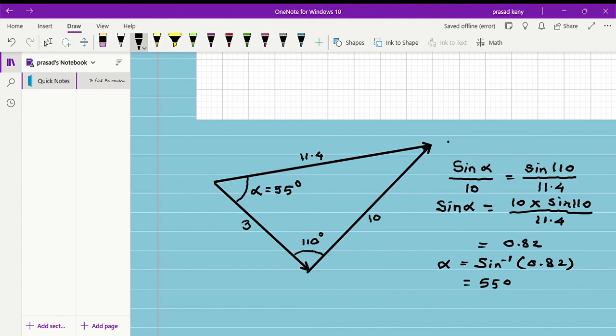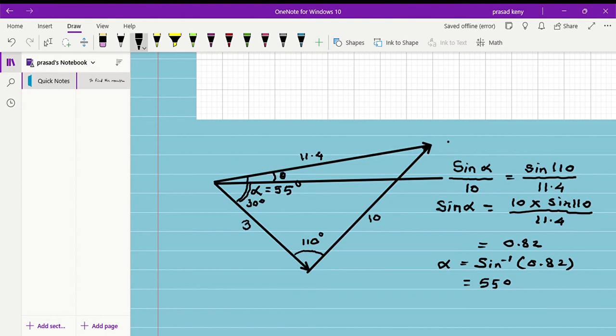Now, this is the horizontal line here, and this angle here is 30 degrees. I want this angle theta.